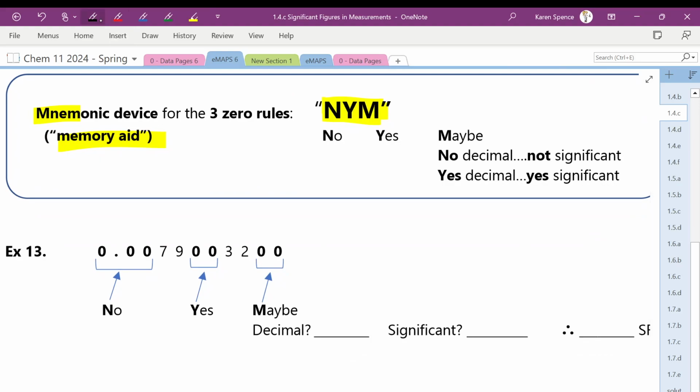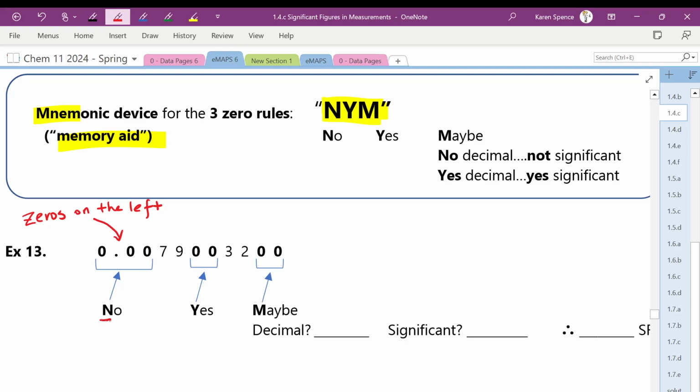Zeros on the left, like those zeros right there. Are they significant?